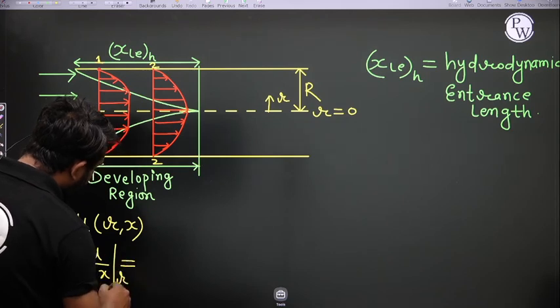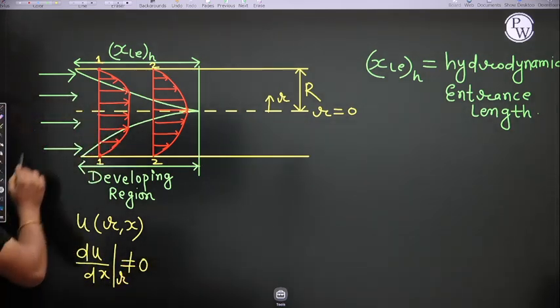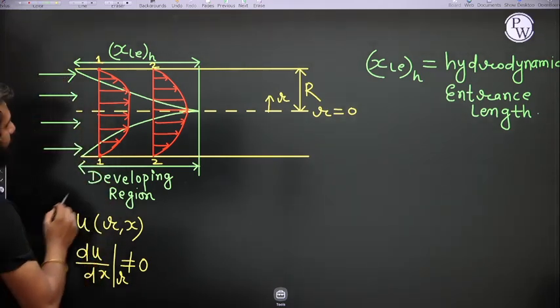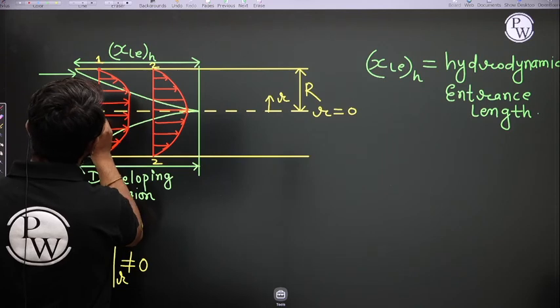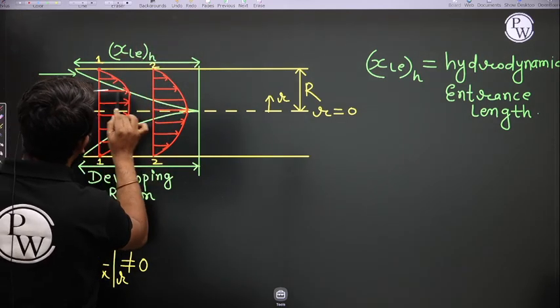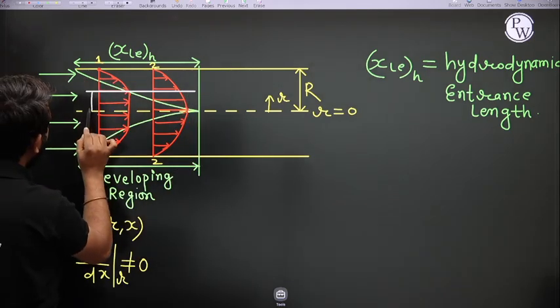That means du/dx at a particular r is not equal to 0. That means, see here, if I fix the radial distance, I fix the r. This is the r.